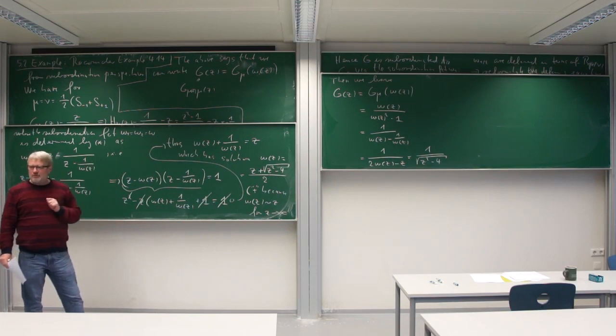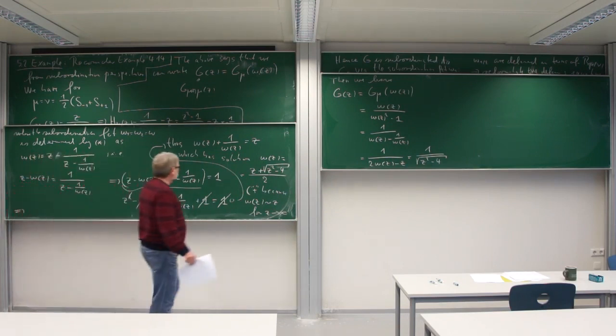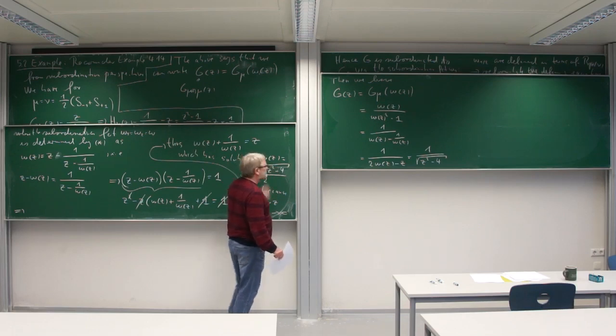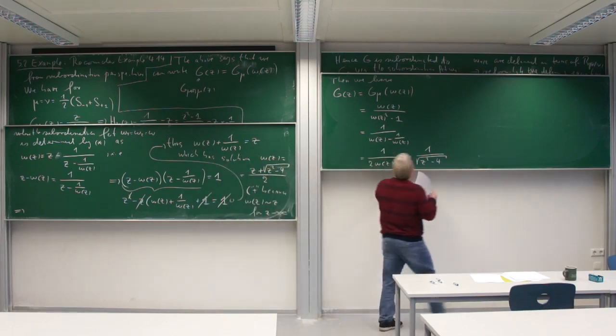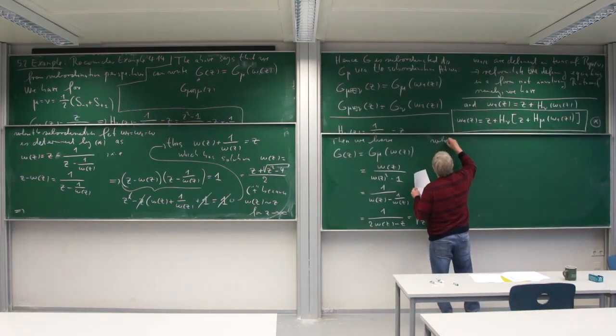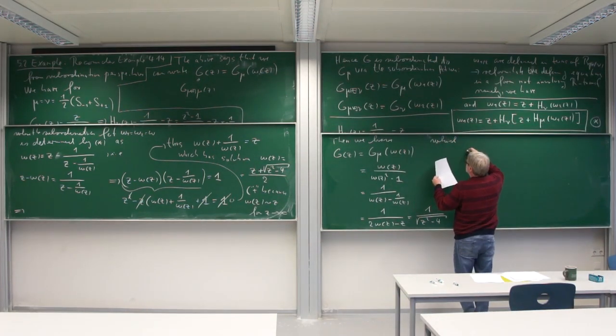This is the Cauchy transform of the arcsine distribution. So you see, I mean, the omega, and some more other terms, but this goes nicely together.